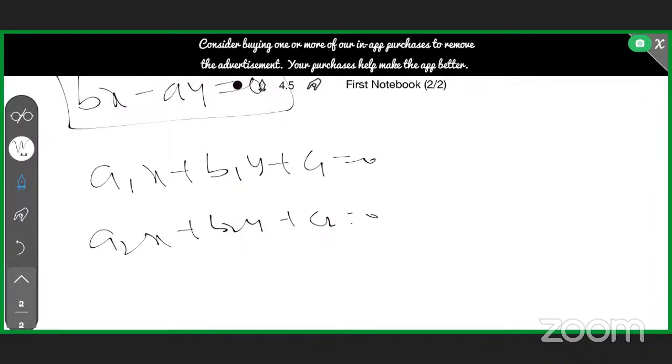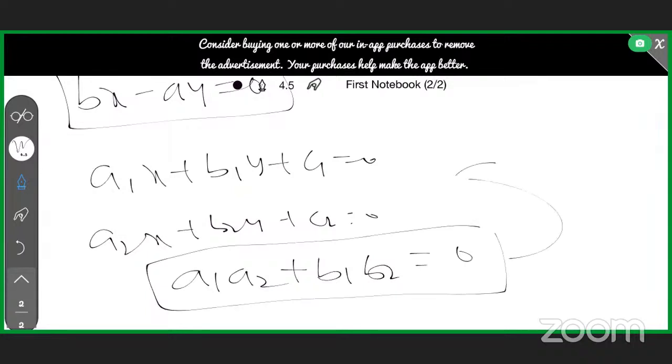The condition is A1 A2 plus B1 B2 is equal to 0. If this condition is satisfied, then these two lines are perpendicular.